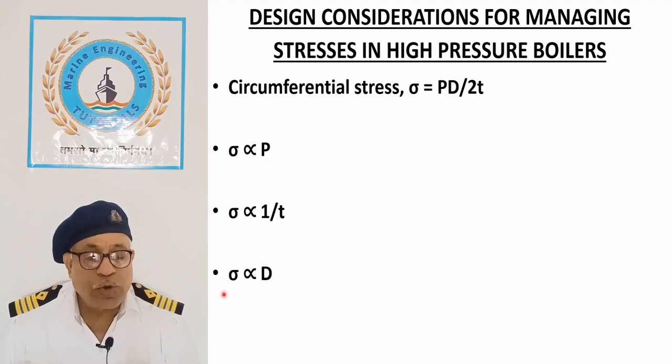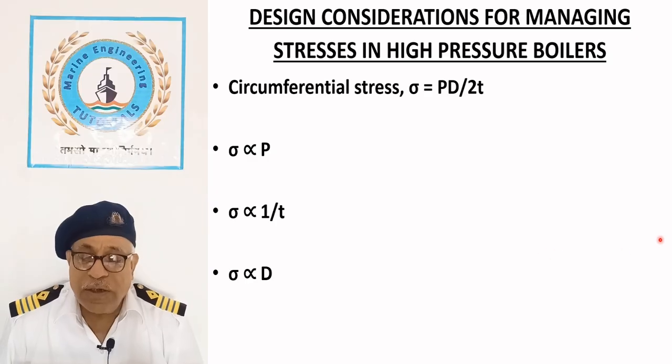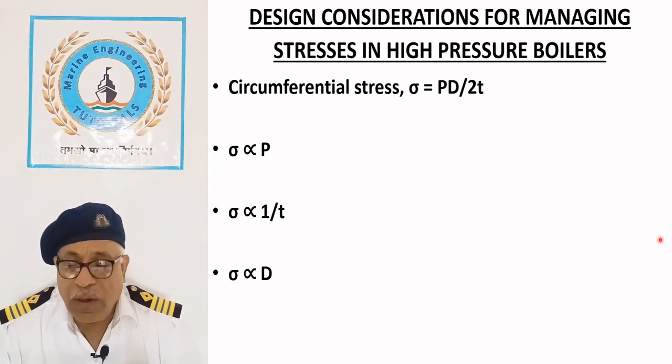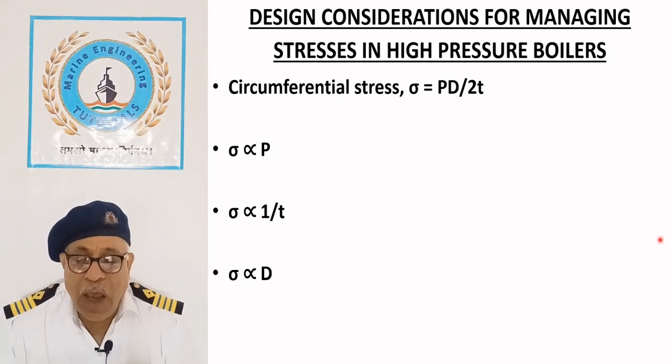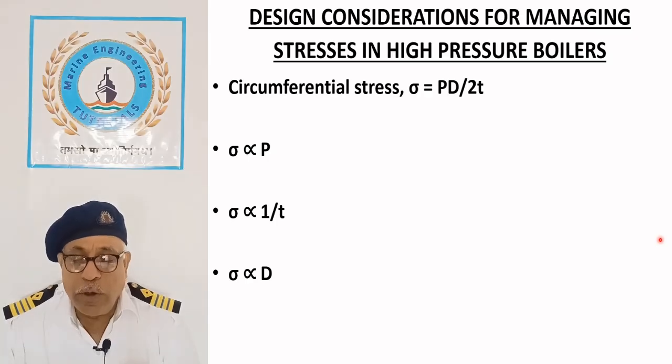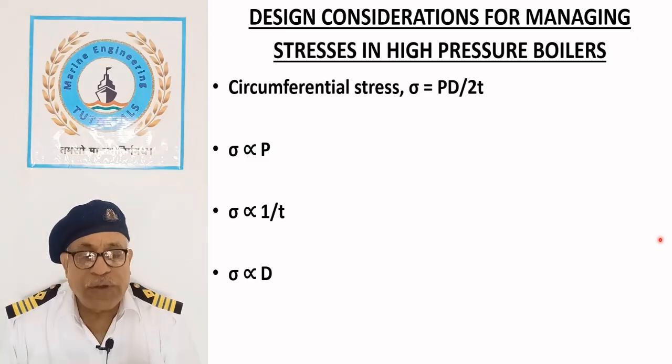Stress is directly proportional to diameter. Since stress is directly proportional to diameter, large capacity, high pressure boilers are designed with a higher length to diameter ratio to reduce the drum diameter and limit the resulting stresses.